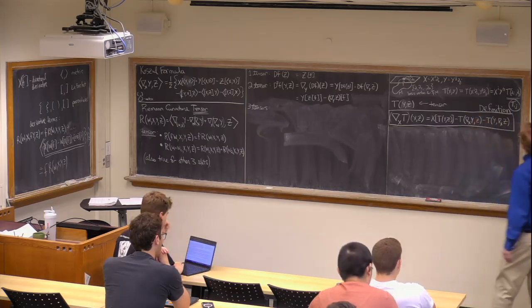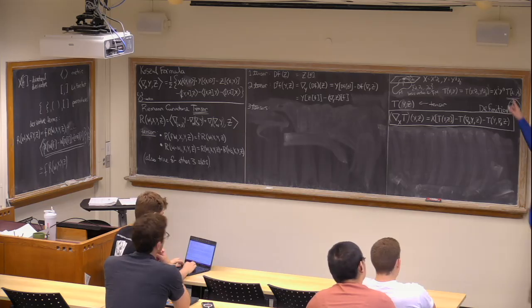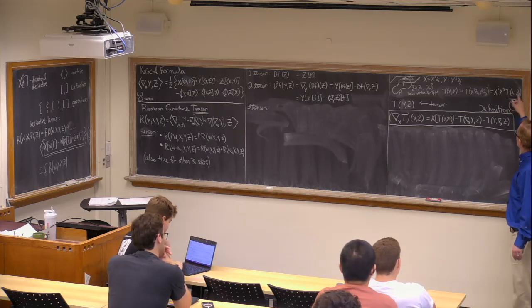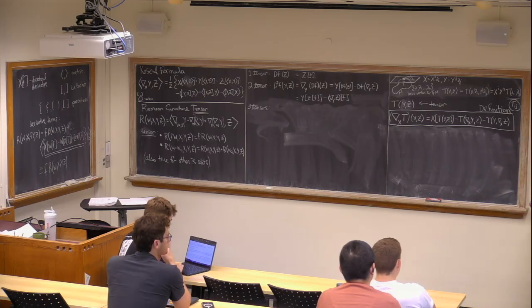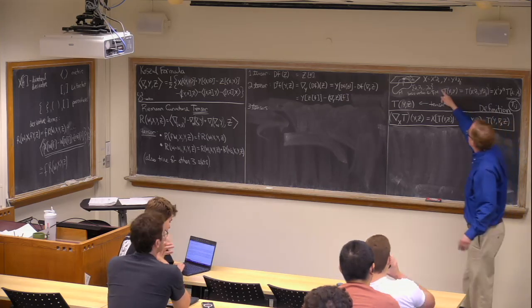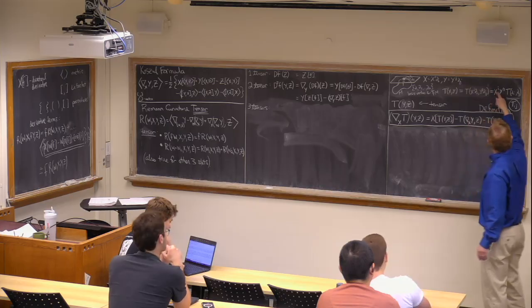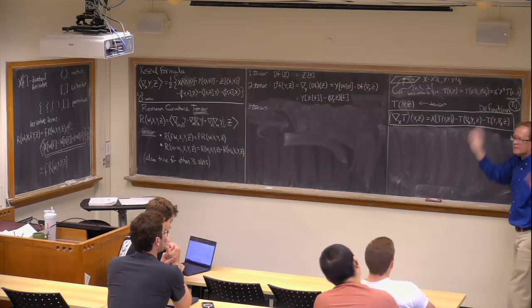So the point is that if you know what T of partial_i, partial_j is, you know T_ij. That's a matrix. i goes from 1 to n, j goes from 1 to n. You get a matrix of numbers that has the equivalent information to understanding what this tensor is, because give me any X and Y, you just tell me what the x^i and y^j are, plug into this formula, sum over the n squared terms, and you get the answer.